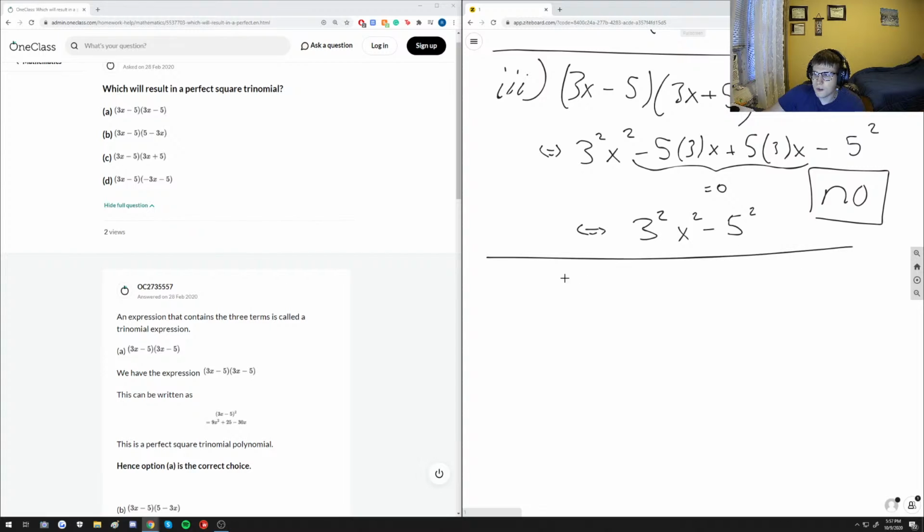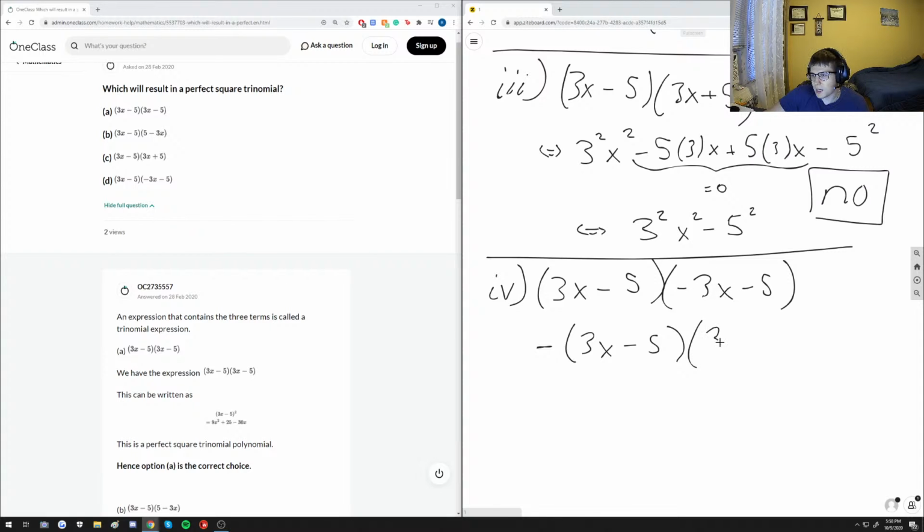And finally, our last answer choice, we can look at 3x minus 5 times minus 3x minus 5. We're going to use a similar trick to the one we used for the second answer choice and factor out this minus sign. So we get minus 3x minus 5 times 3x plus 5.